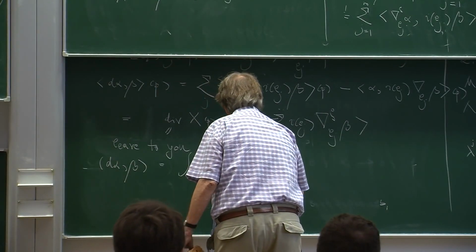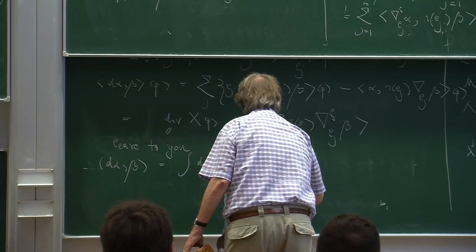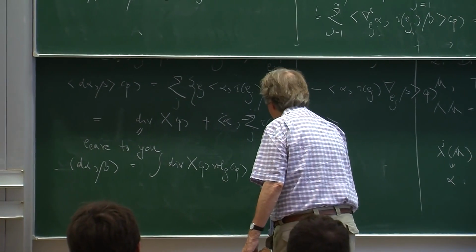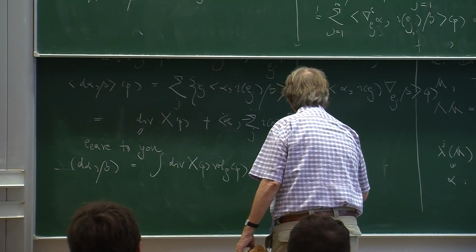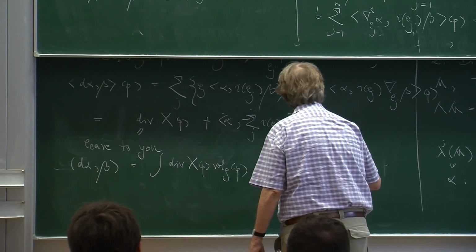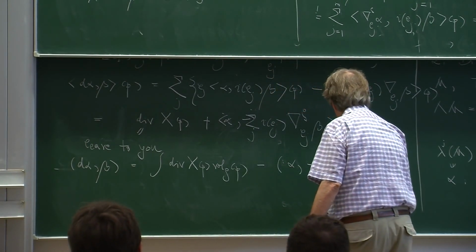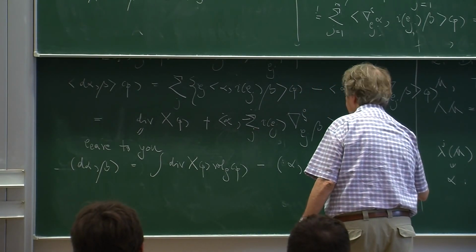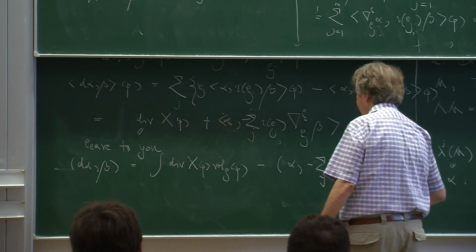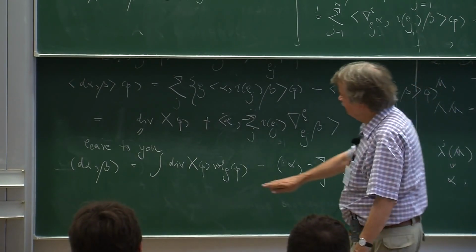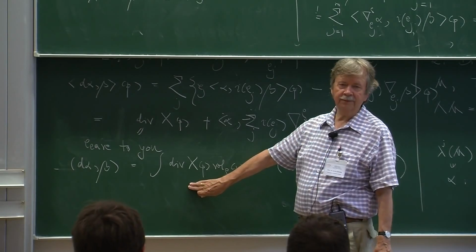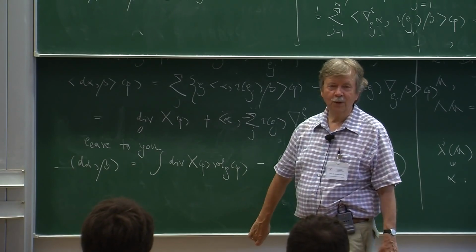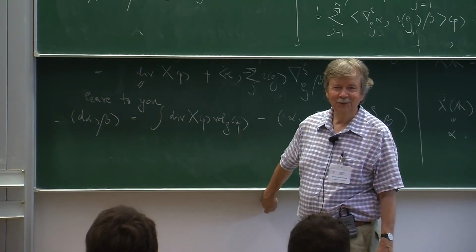Now here I have to write the volume element P minus the integral of the scalar product, I could say alpha minus sum j I ej nabla g ej beta. Okay, and this is Gauss' theorem that the integral of a divergence is equal to 0. This you know, I hope. Do you?